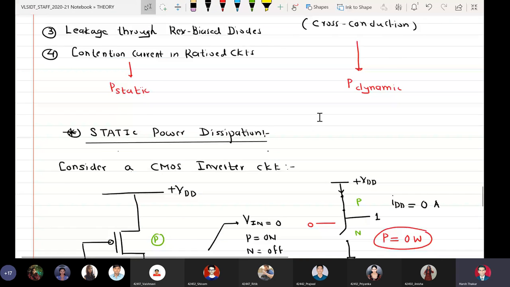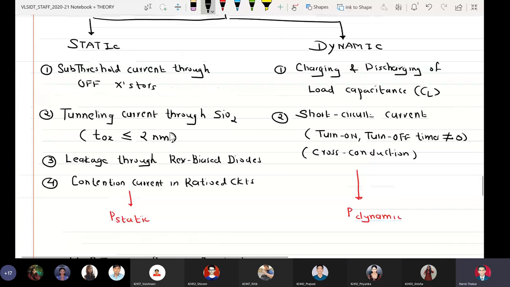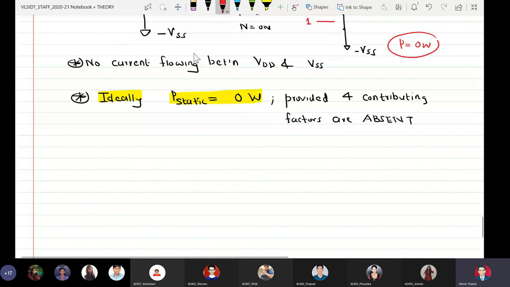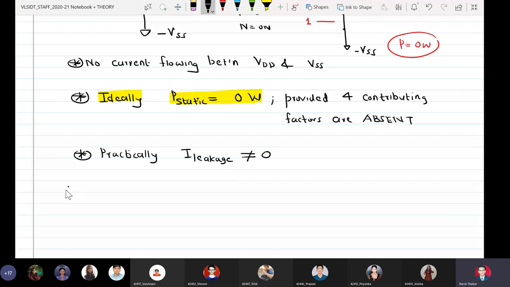So if we consider that the current through these 4 factors is not 0, then it is called as I leakage. Okay, so understand one thing, that these 4 factors contribute to what is called as I leakage. So we say that practically I leakage is not equal to 0.